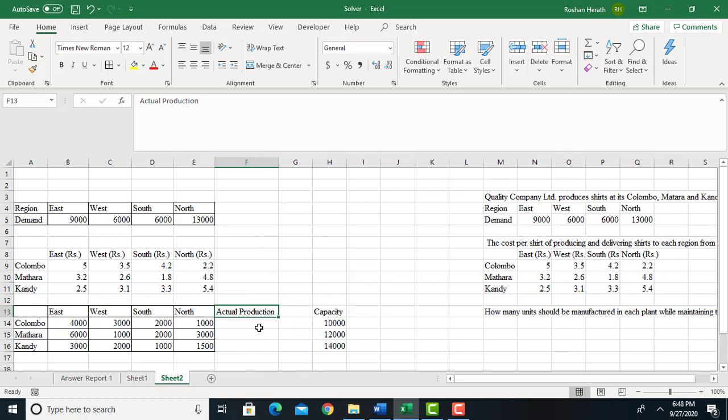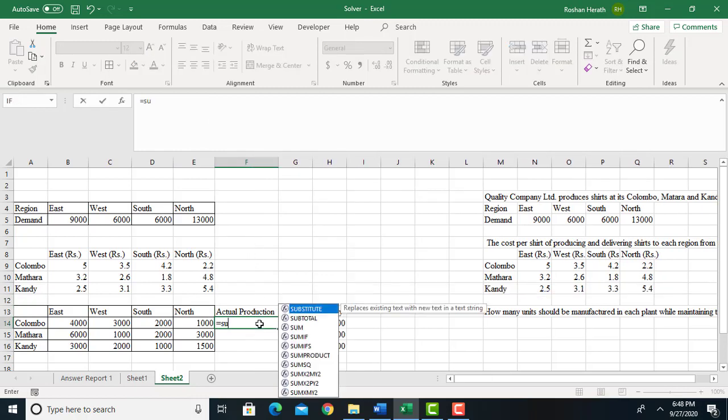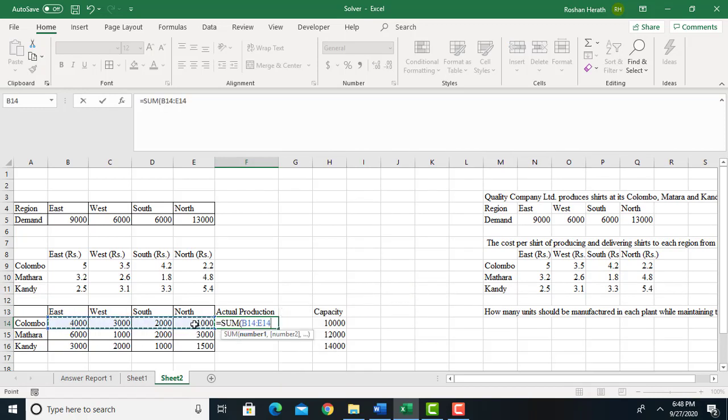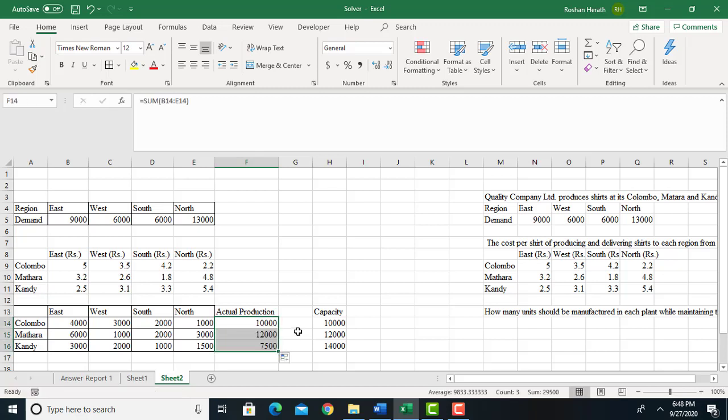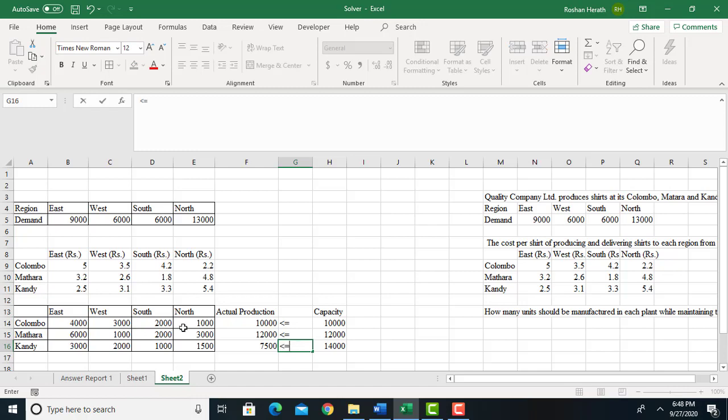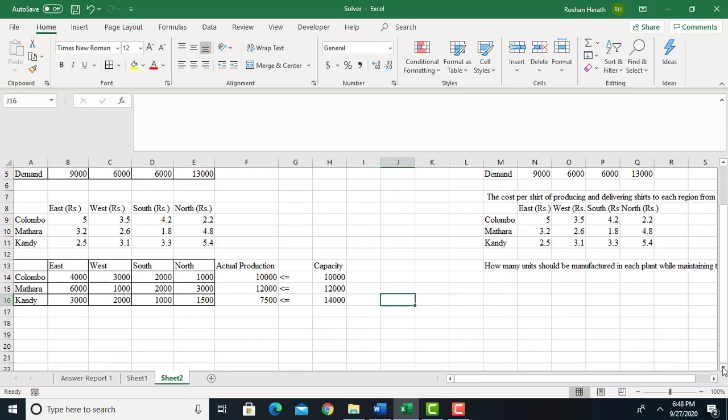You can't go beyond the capacity. So you are constrained by that. If you simply take the sum over here, you can see the actual production. So if I develop this constraint, the actual production should be less than or equal to the capacity. That should be the case.